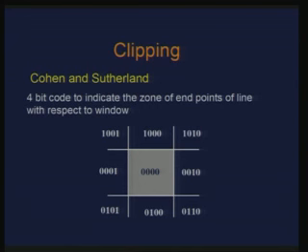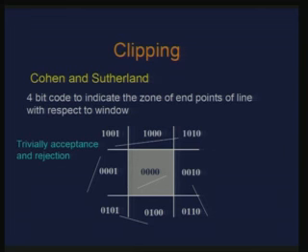And then I can follow a logical operation, taking an AND of the two end points. If I obtain a non-zero result, then I can say that the line is trivially rejected by this window, right. So, these are the cases for trivial acceptance and rejection.